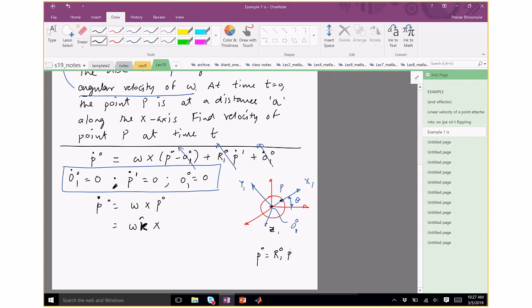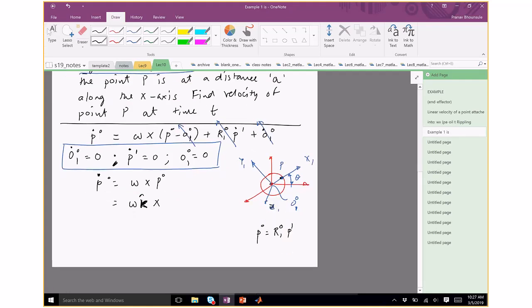You can see that the position is going to be R10 times P1. R10 is the rotation associated with the disk about the z-axis. The formula for that is cosine theta, but theta is equal to omega t, because omega is constant.